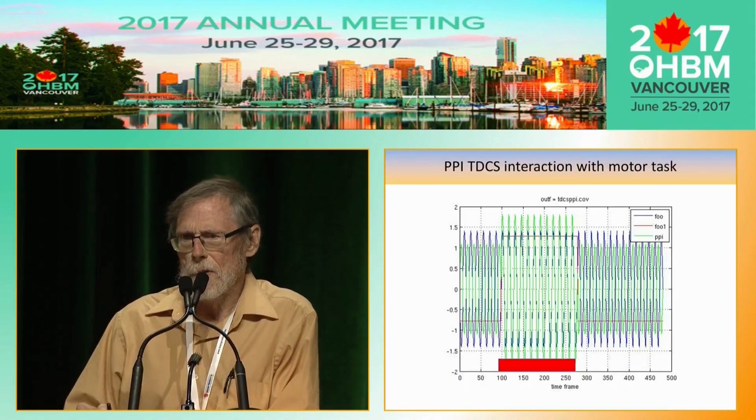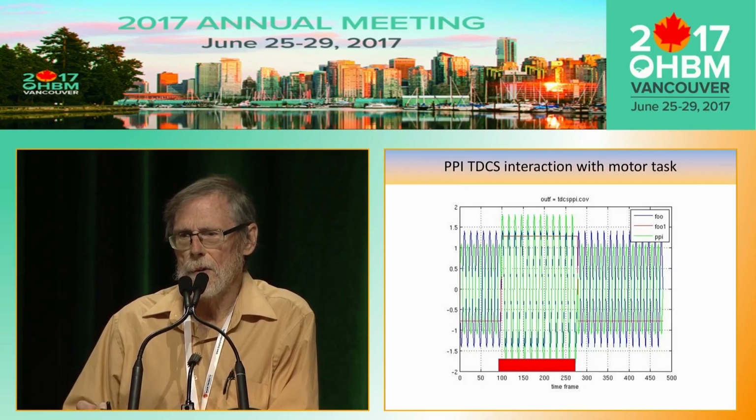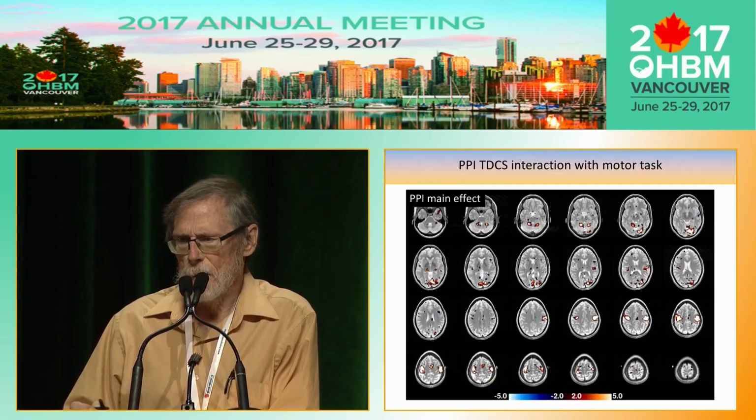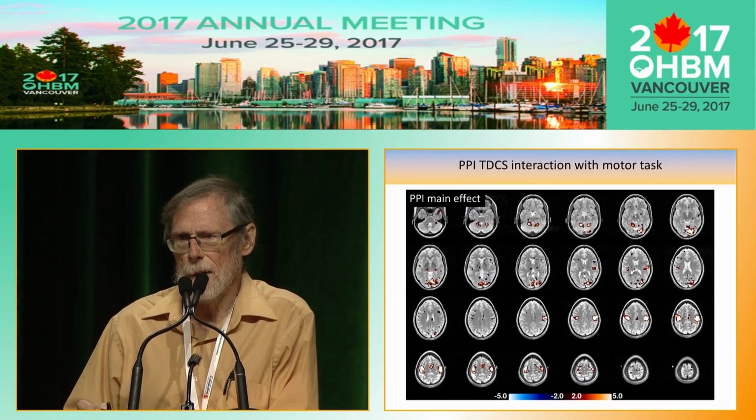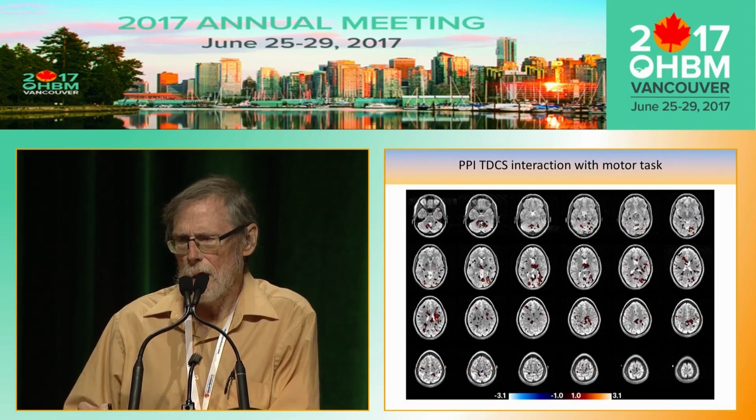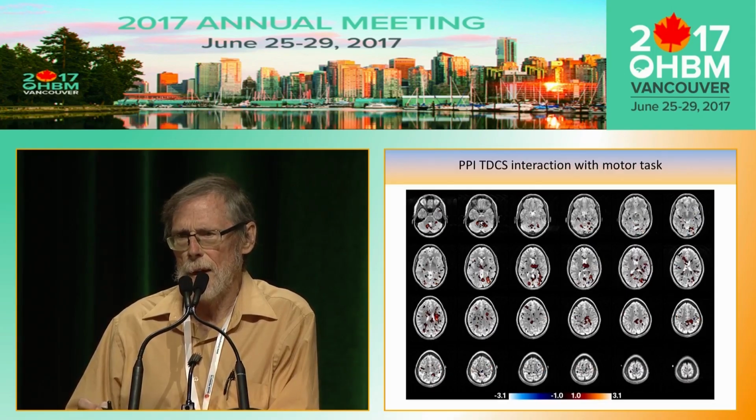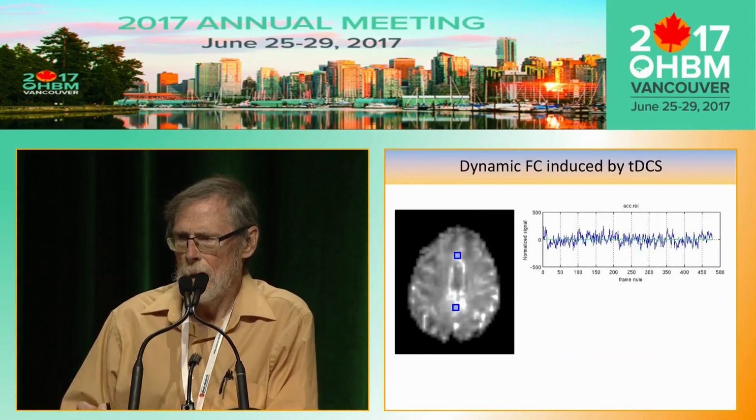Another example of that is a psychophysical interaction where we turn on the TDCS during, again, a constant motor stimulation. Here's the main effect where you see essentially activation in the motor cortex, and the interaction, psychophysical interaction, shows activation in changes in the thalamus and in the basal ganglia, which you expect.